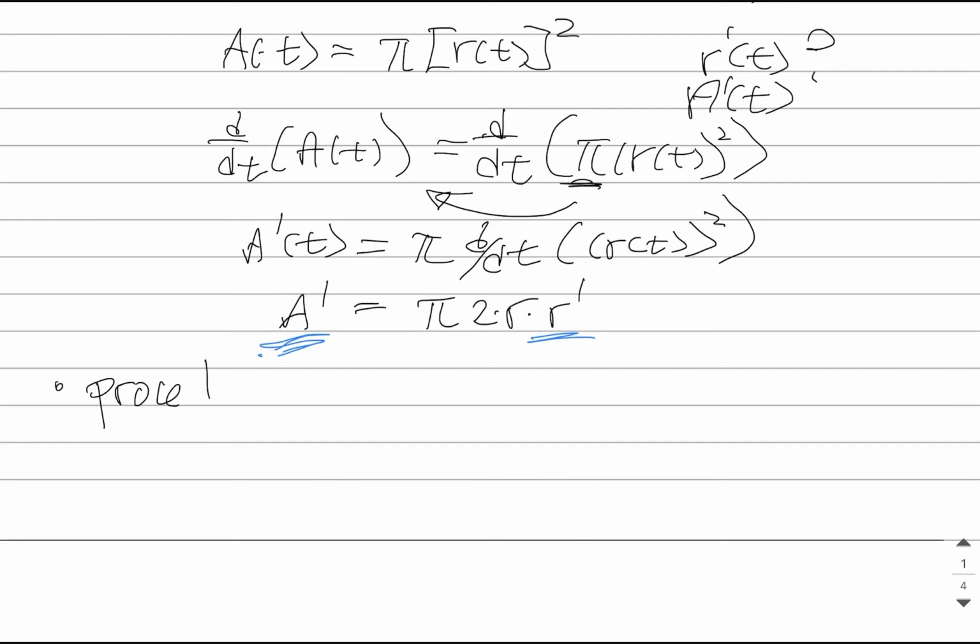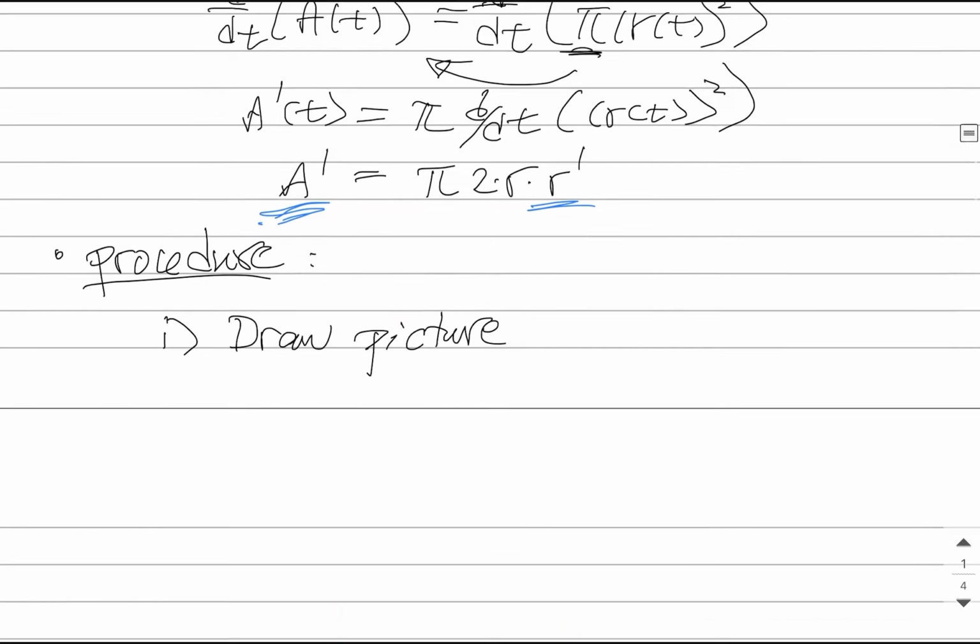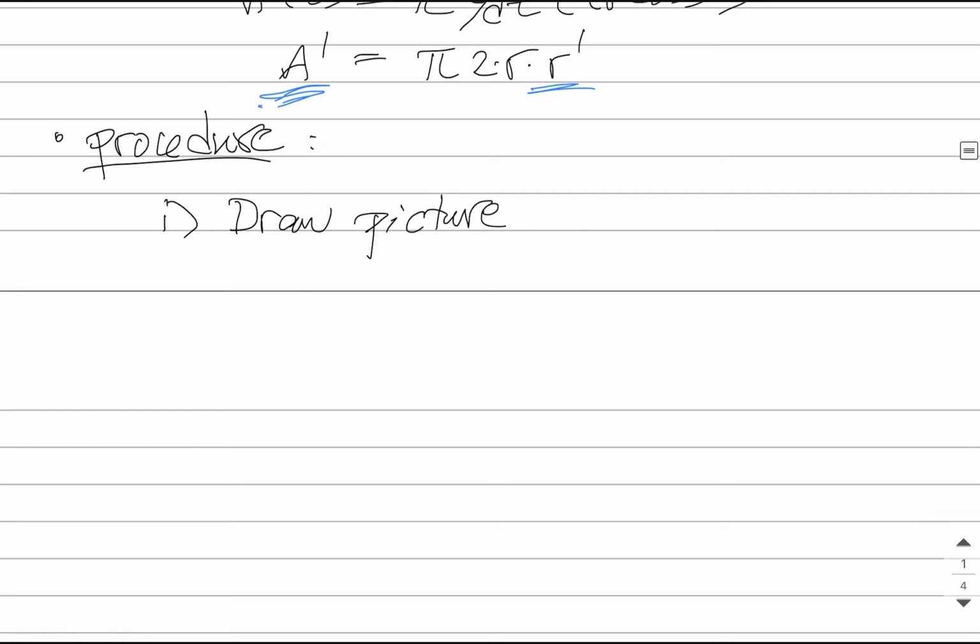Now, all of the problems that we are going to see are going to involve translating something from words into math. So there's a procedure that I suggest you follow to try to make life easy. Number one, we should draw a picture. We are going to encounter many things given in a verbal or a written description, and it's going to help us understand things if we can draw a picture.